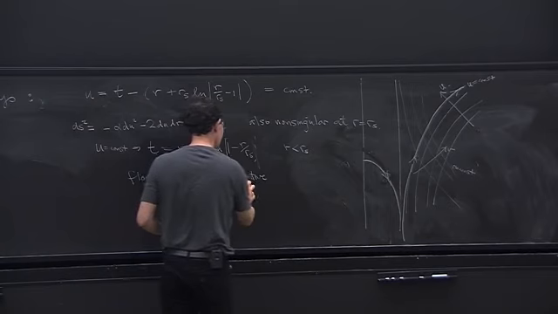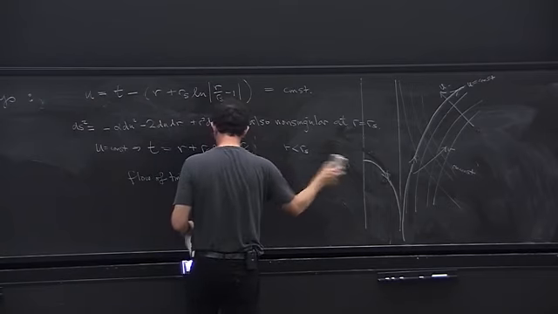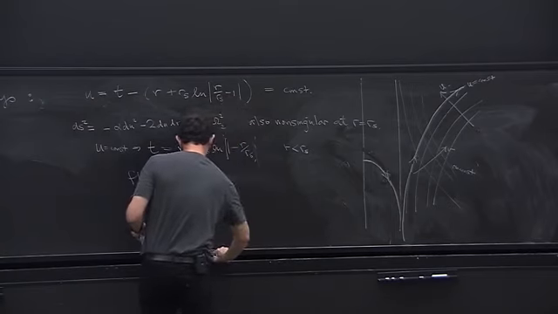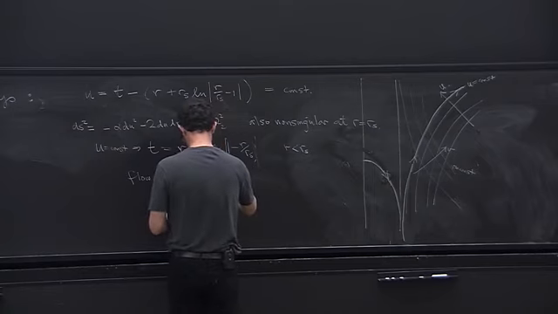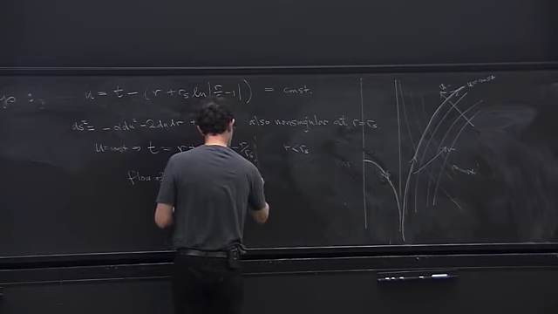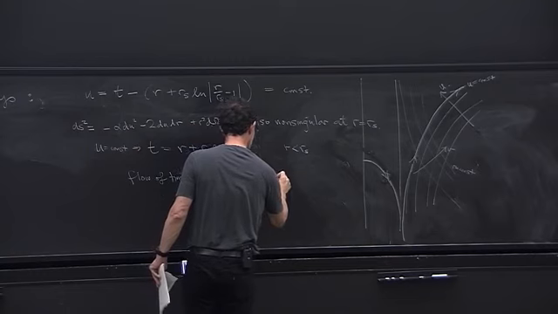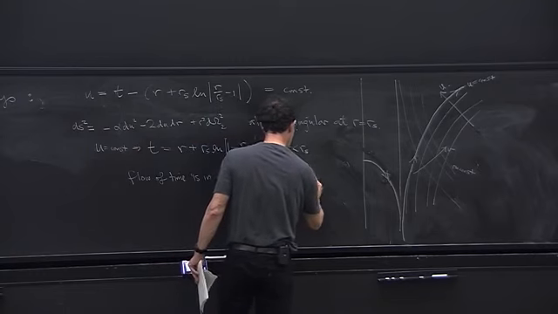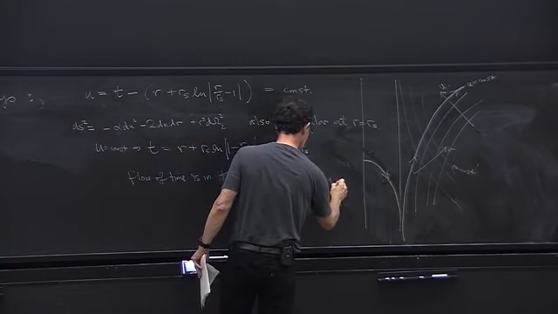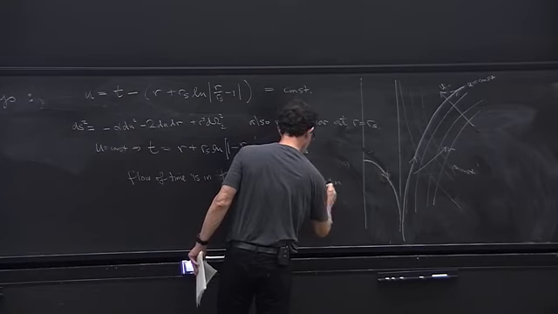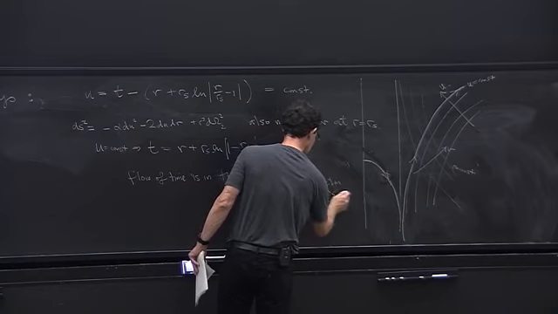The flow of time is still the positive, increasing r direction for r less than rs.